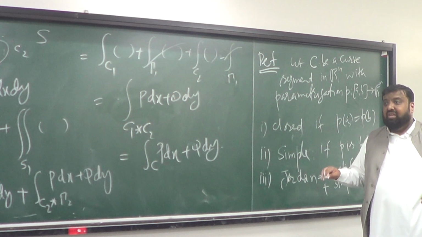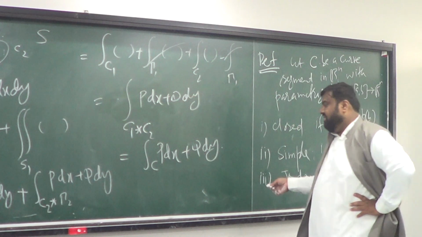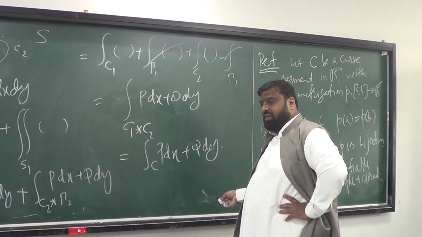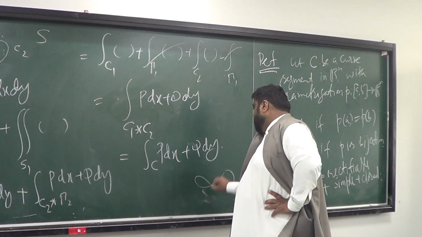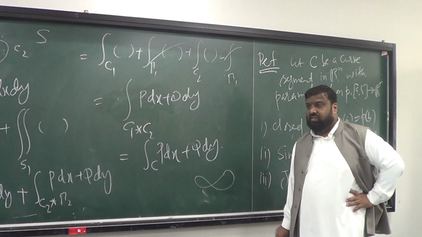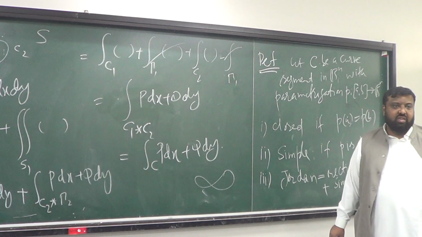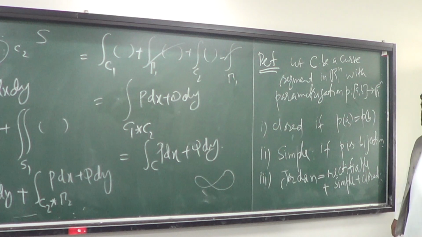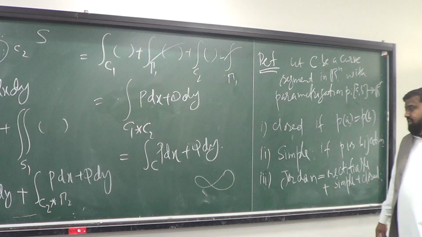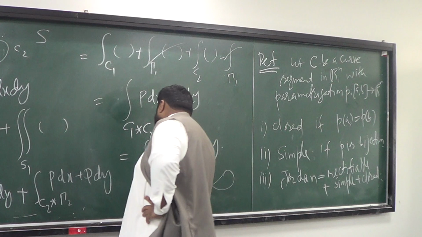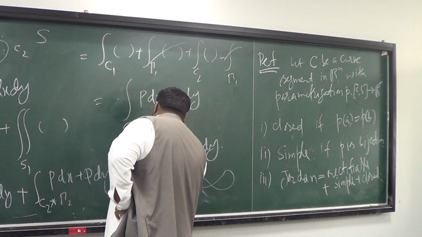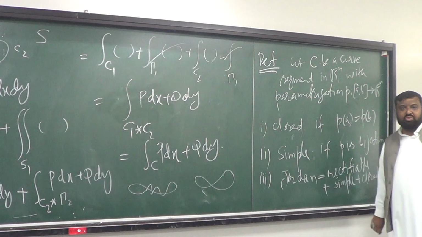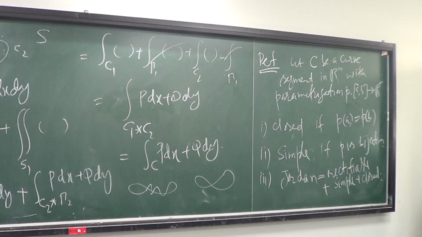We can give the shape in our mind, but we cannot give the formulation. Yes, sir. So that's a closed curve segment, but not simple. It has one intersection. You can have multiple intersections. It could be something like that.